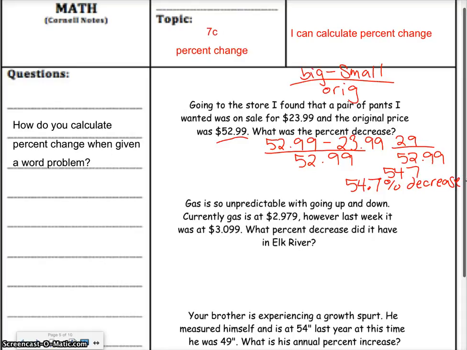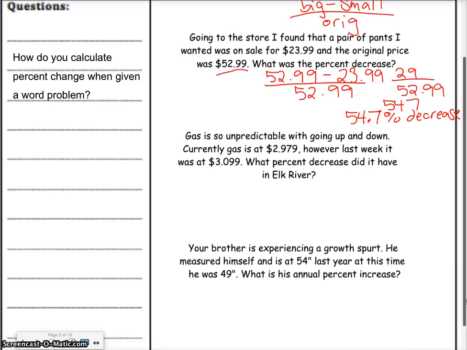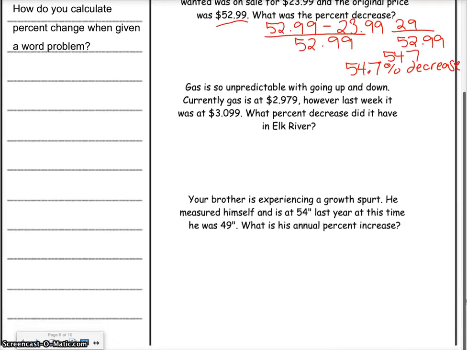Okay, gas one, we did ones kind of like this. I guess we didn't do the gas one. We did a growth one. We might as well do it though. Gas is so unpredictable, it always goes up and down. Currently, gas was $2.979, what would that be, ten thousandths?